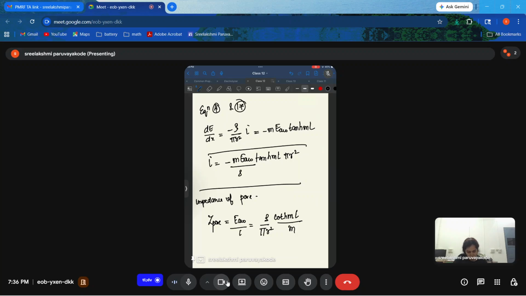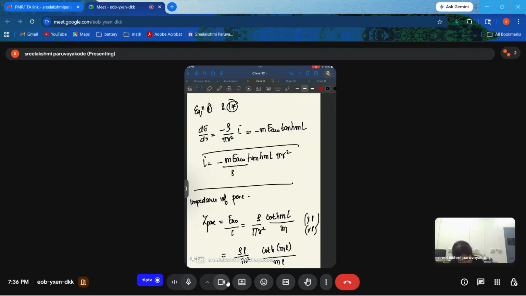Now what I'm going to do is multiply and divide by L. What do you get? Rho L by pi r square coth ml by ml.